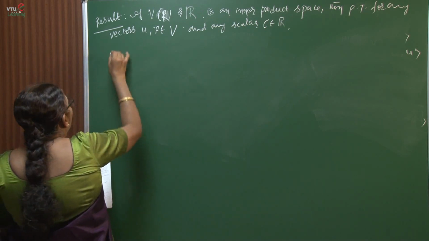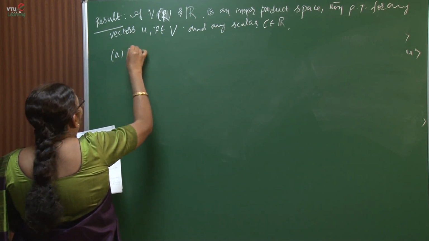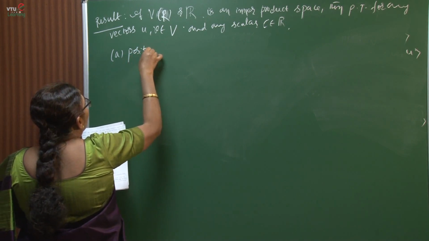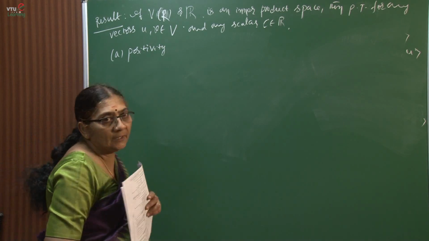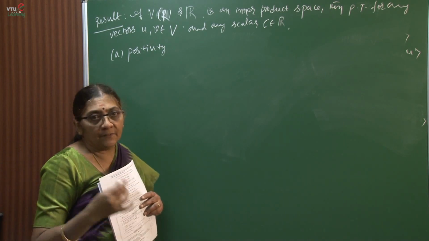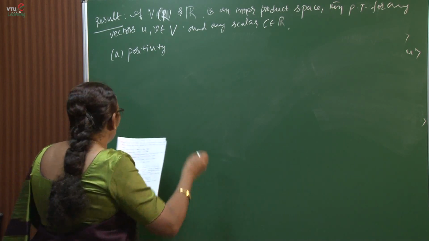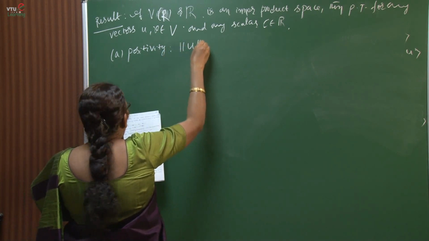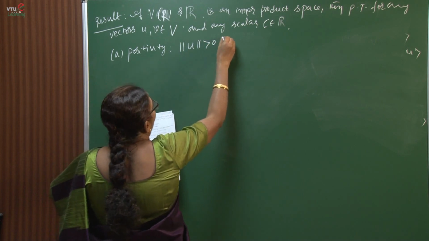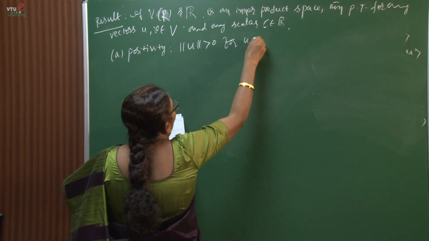then the first one, positivity. This word is not given in the prescribed book; I referred to a Google article, and they gave these results some names. They mention positivity: the norm of u is greater than 0 for u not equal to 0.